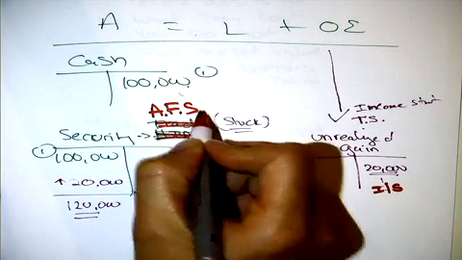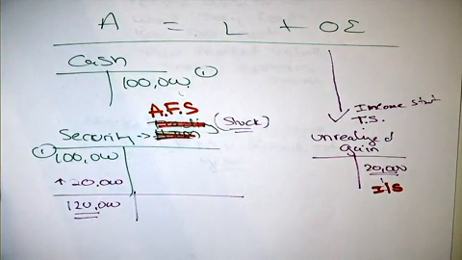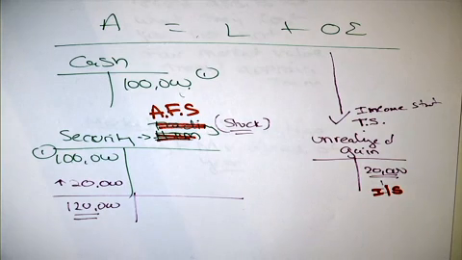Available for sale, AFS, can be classified as current or long-term depending on what you're doing. Normally they're long-term, and they're just securities that you're holding. There's no intent to make a profit in the short term. It's just, hey, we have extra cash and we're holding on to it to make gains over the life of the time we have this extra cash.